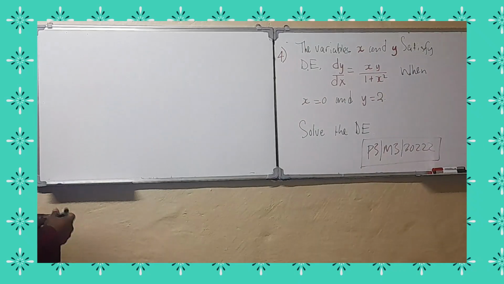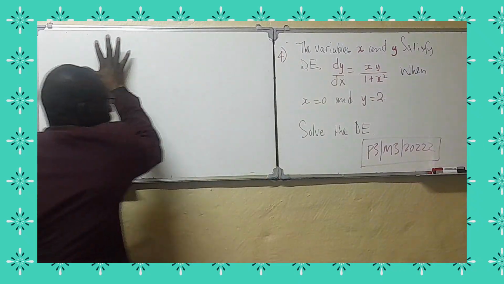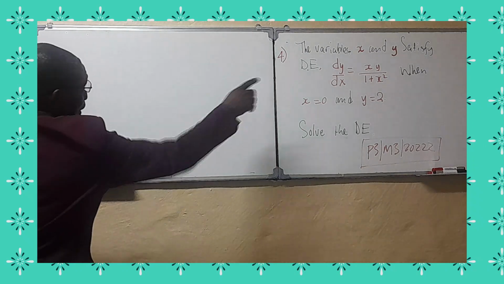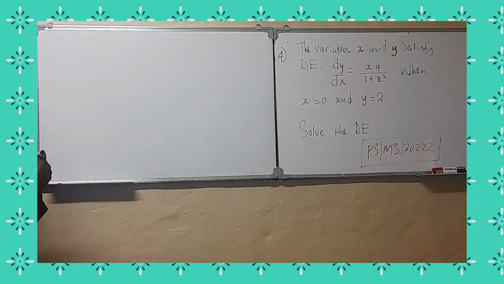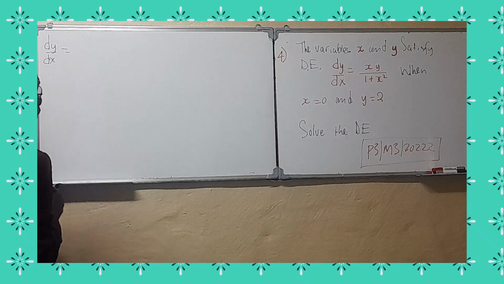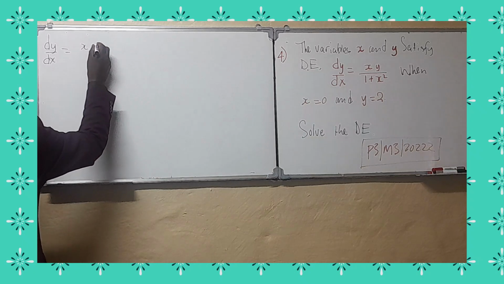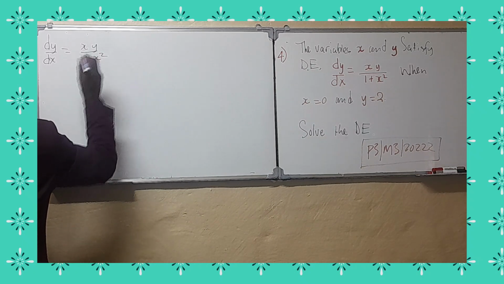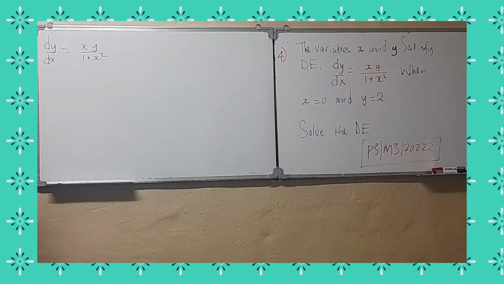All right. So I'm going to write this equation over here. I hope this is a clearer part of the board than the other side there. So let's write it here and say dy/dx is equal to xy divided by 1 plus x squared. Right. So we want to separate the variables here.